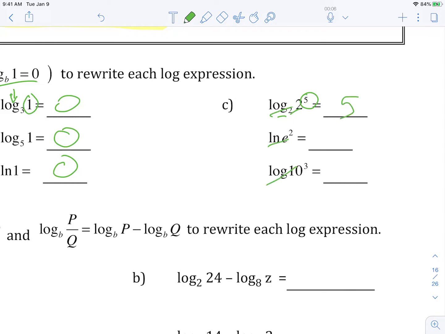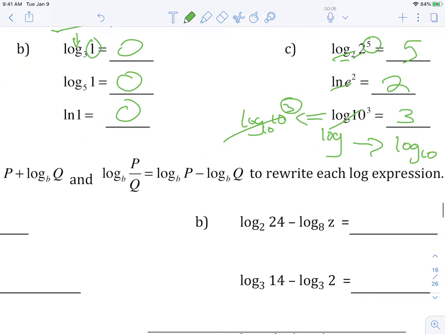Okay, so this is 5, this is 2. Now why is this 3? Again, we have to make sure we make this connection that anytime you just see a plain old log, that really means log base 10. So what we're looking at here is log base 10 of 10 raised to the third power, which is just 3.